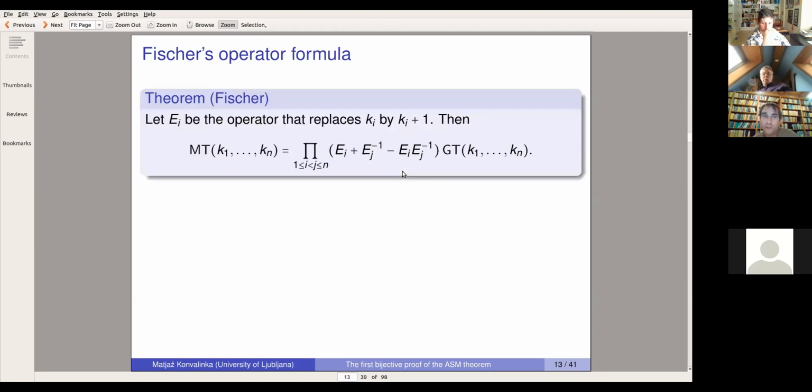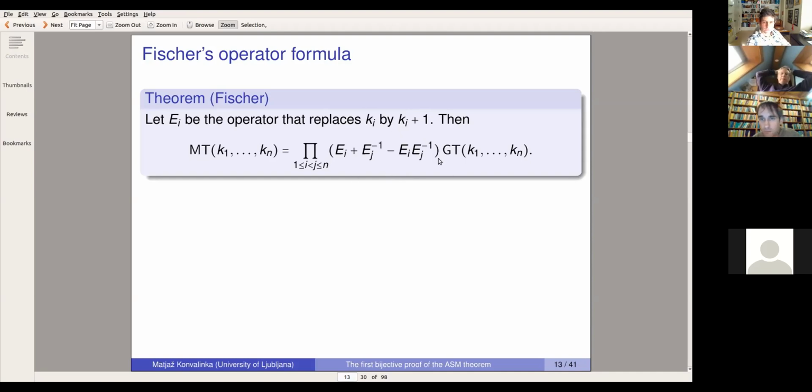Okay, and this is this beautiful, important theorem by Ilse Fischer. She calls it the operator formula, which tells you that monotone triangles and GT patterns are connected in some way. Okay, so E_i is the operator that replaces the variable k_i by k_i plus 1.